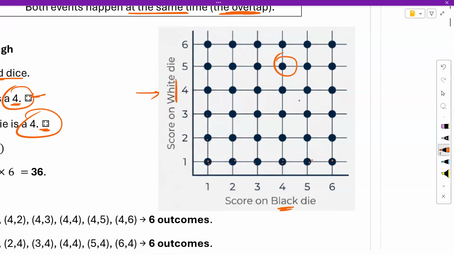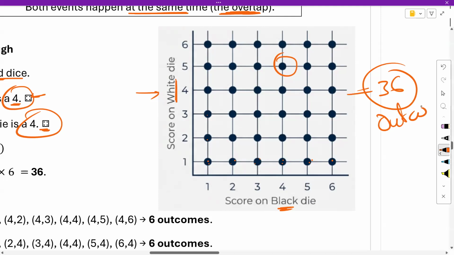We can get this kind of outcome. Altogether there are 36 outcomes.